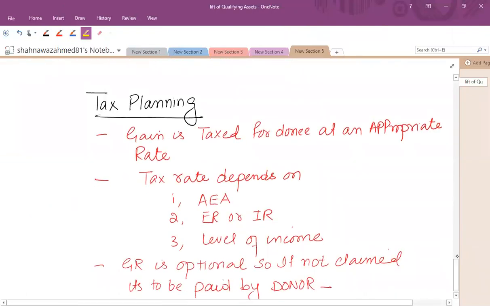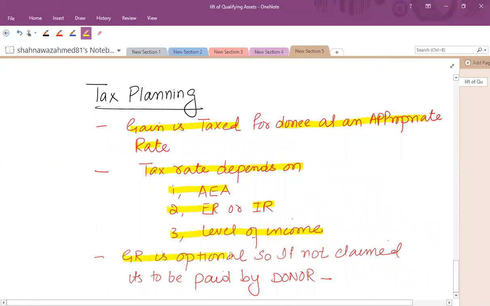Now, from the tax planning point of view, we know that the donee has to pay tax at the appropriate rate, and that appropriate rate depends on the availability of the annual exemption, entrepreneurs' relief or investors' relief, the level of income, and the basic band availability. So GR is optional. If not claimed, the tax is to be paid by the donor.